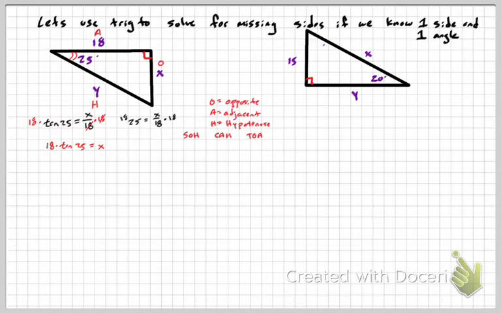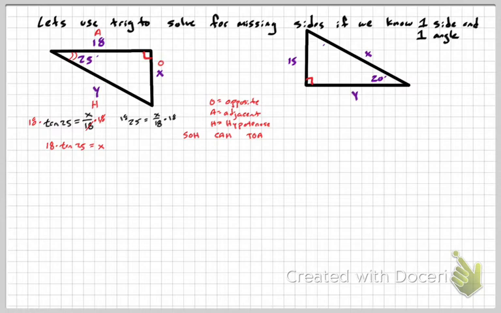Now, normally, a lot of people will do parentheses, tangent, 25. Some of your calculators might put the parenthesis for you. It's not really going to matter unless you're putting a number after the 25. So if I do 18 times tangent 25, I'm not going to have any errors. But if you do tangent 25 times 18, if you don't use a parenthesis around the 25, you might get some weird answers. Okay, and then I hit enter.